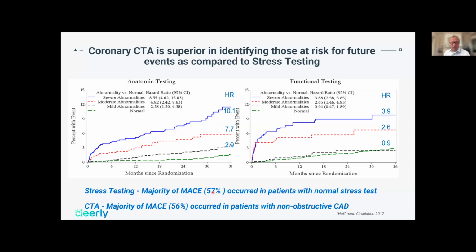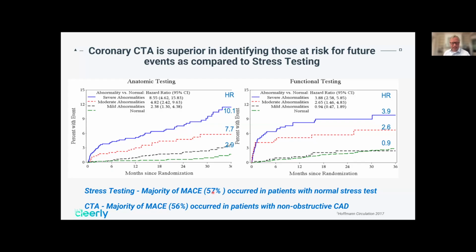You see here the Kaplan-Meier curves for a normal test, mild, moderate, and severe abnormalities. You can see from the hazard ratios that the prognostic accuracy of CT is much higher, and that a normal versus a mildly abnormal functional test has no discriminatory value.